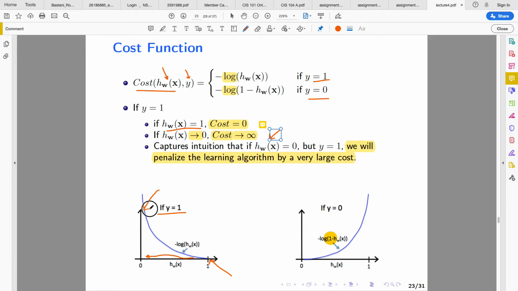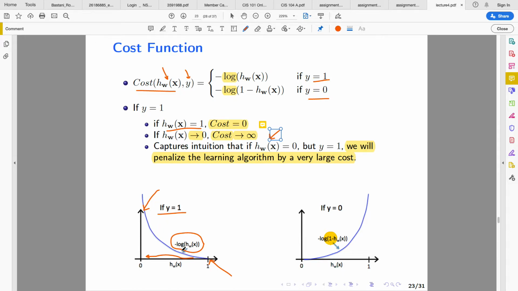That is, we are trying to penalize our algorithm, because this value of h of w is not supposed to be. And this negative log h of w achieves this curve that we see.